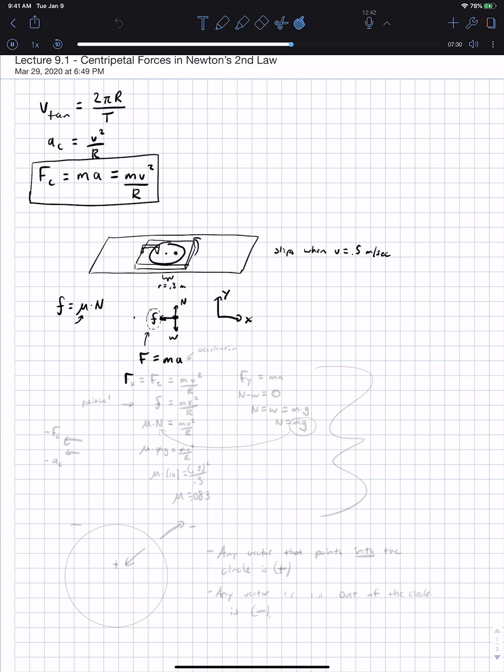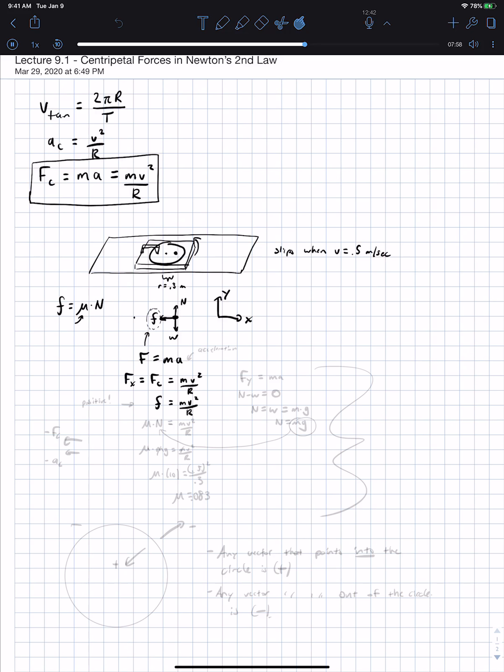So if we look at the force in the x direction, we know that we're totally looking at the centripetal force, and we know Fc is equal to mv squared over r. We know the force acting in the x direction is just the friction force. So we just have the friction force, that's equal to mv squared over r.